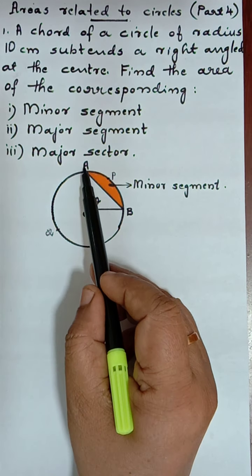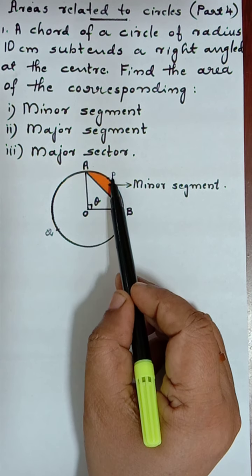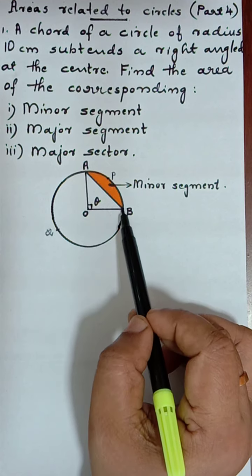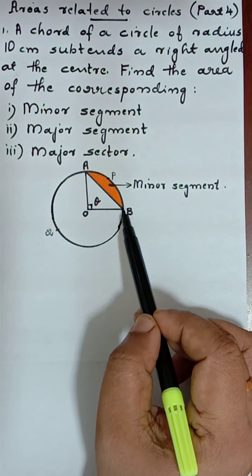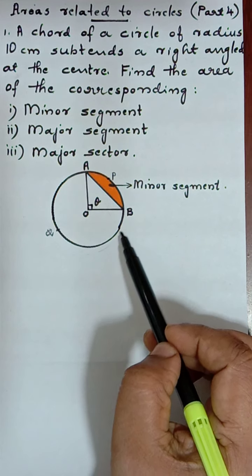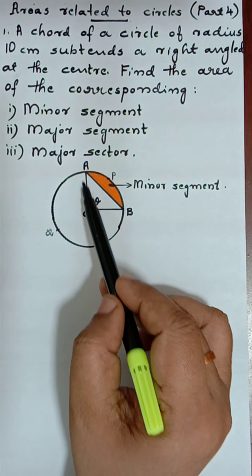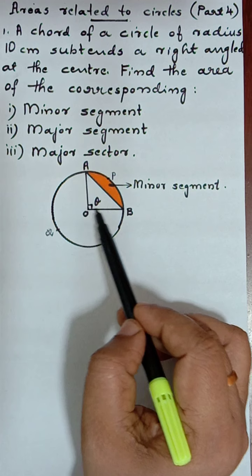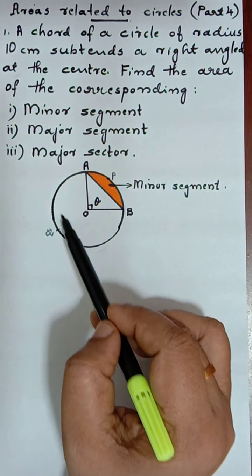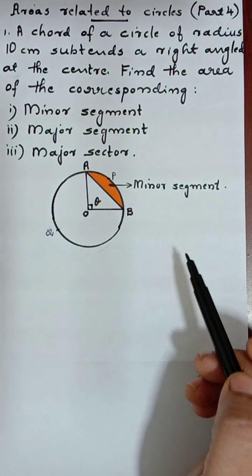Our minor sector is AOBP or AOB itself. AOB is our minor sector. Whereas this area, that is AQB, is our major sector. With this angle, this area is called major sector.